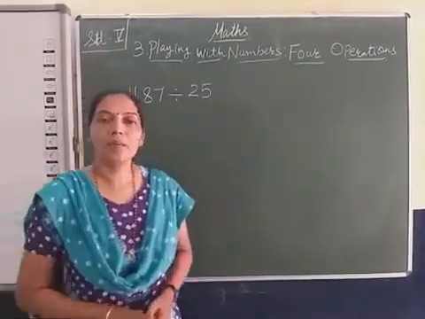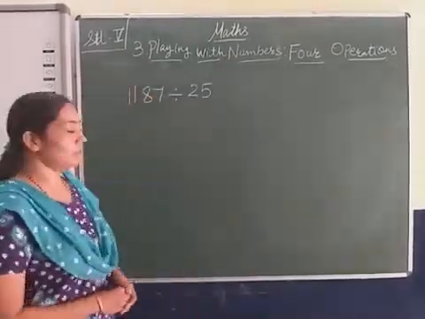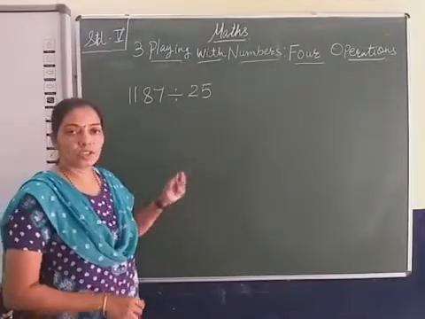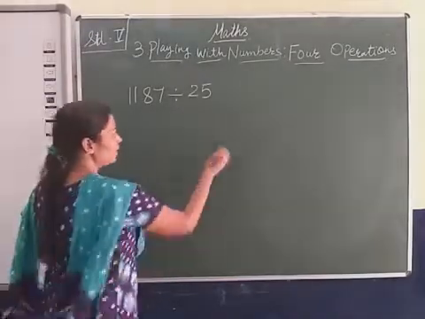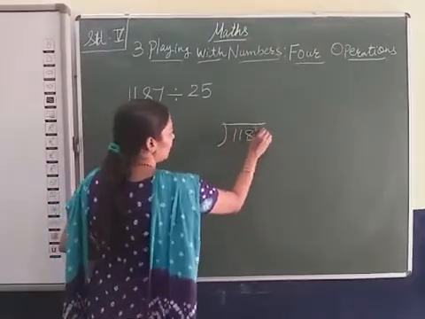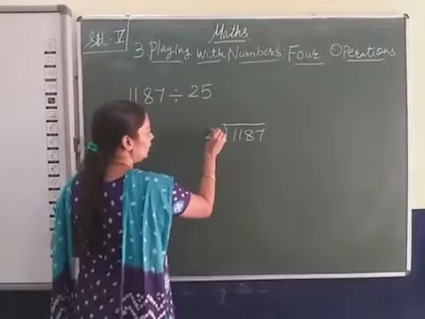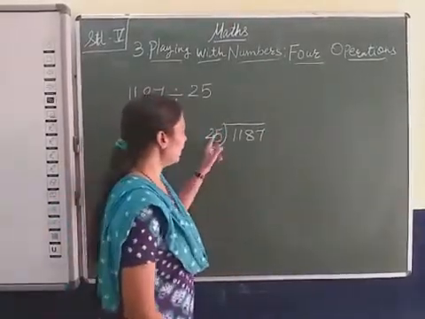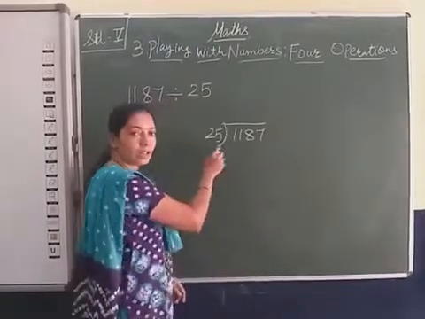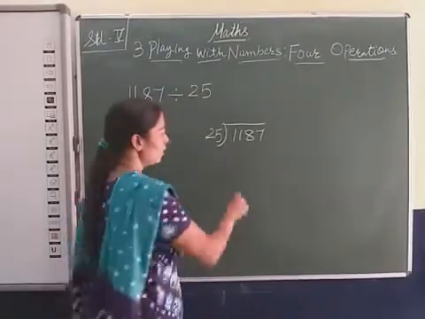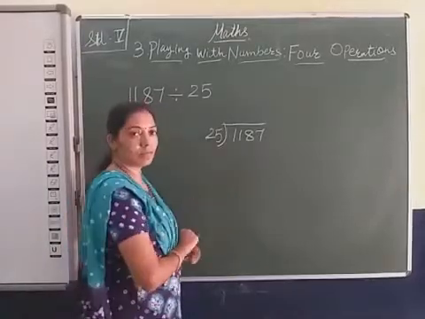Students, here the example is 1187 divided by 25. Division by a 2-digit number. So we will write here 1187 and the divisor is 25. Now you all know that we start from the bigger place, that is the thousand place. So the thousand place value is 1.